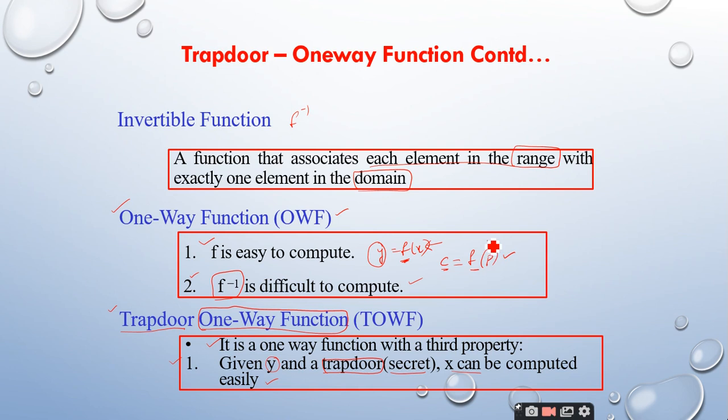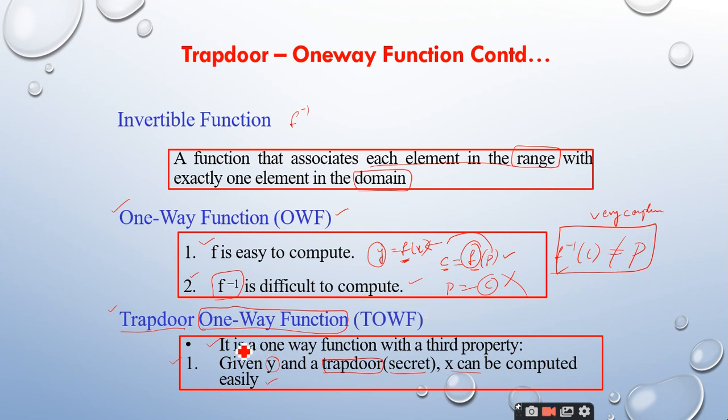But by making use of c, you cannot generate p from c. This should be complicated. If you apply f inverse on c, it should not easily give p. It should be very complicated. This is what a one-way function is expected to be.